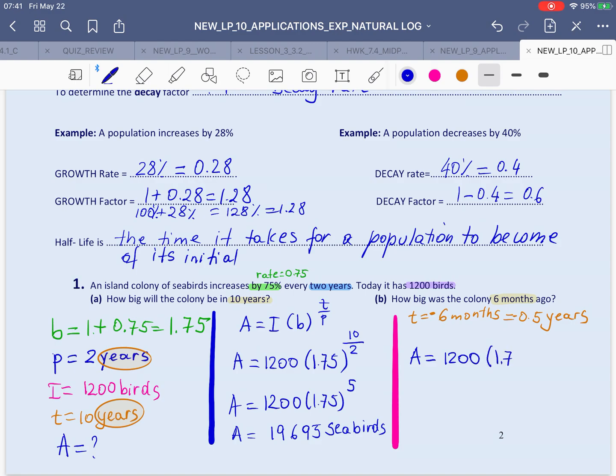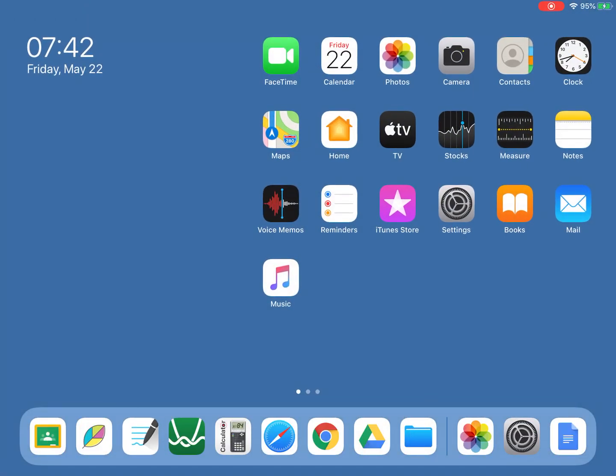So we're going to say that A equals 1200 times 1.75 now to the power of negative 0.5 divided by 2. All right, so negative 0.5 divided by 2, you can do that in your head or you can use your calculator. So divide 0.5 by 2, you get 0.25, right?